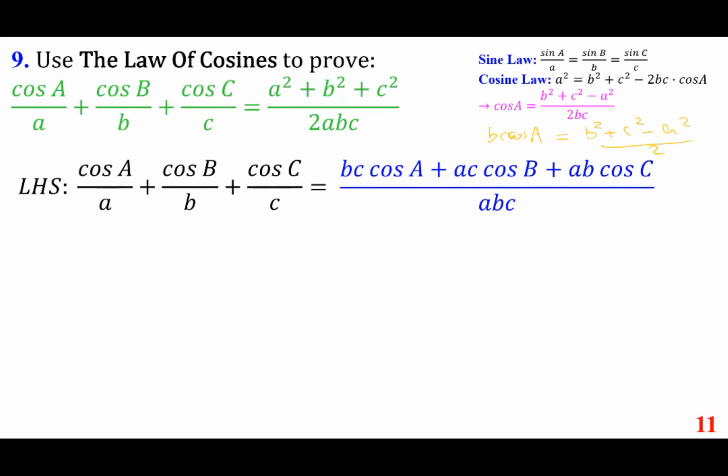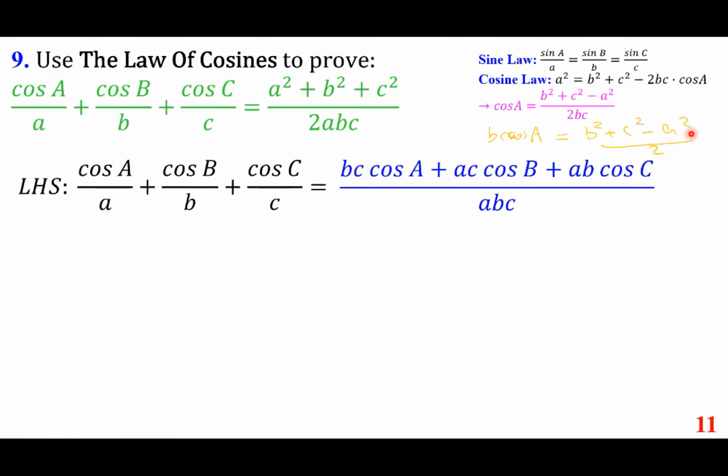So that means I can replace BC cosine A with this. So I can replace this one with this.